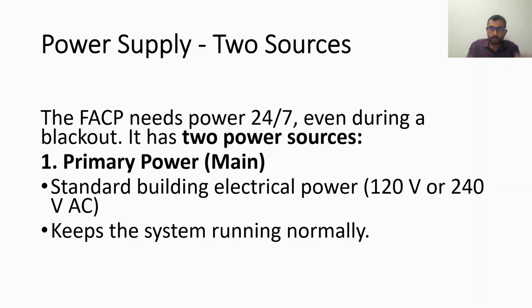Normally many of the panels have the provision of working on 120-volt and 240-volt. When you take the power supply from the building DB, the distribution board, it ensures that the system is running normally. That is about the primary power supply, or you can call it the main power.